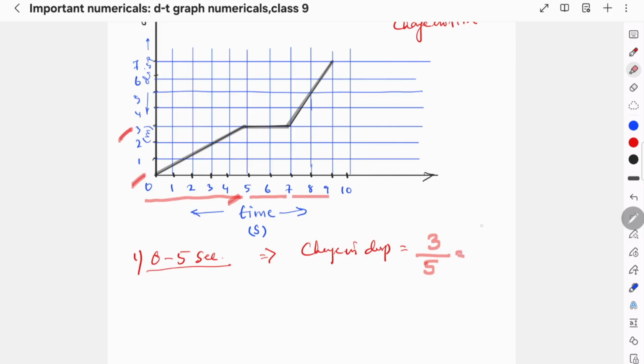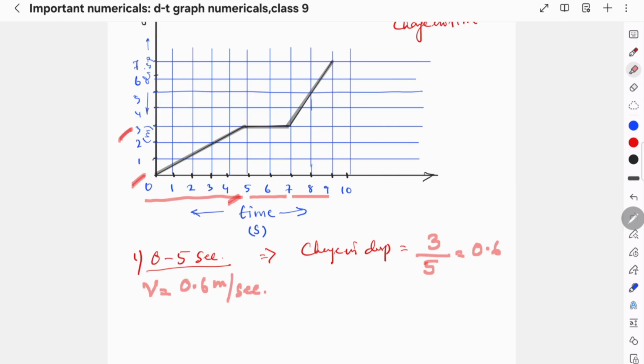So it is 3 by 5, that is 0.6. So the velocity for 0 to 5 seconds is 0.6 meter per second for the first part.